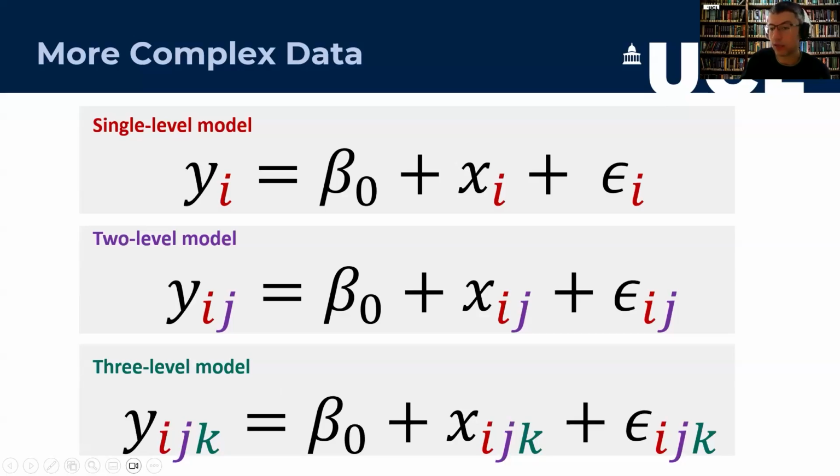So we will look at just one example in Stata today on how to deal with more than two levels, and also how to calculate, for instance, the ICC when you have three-level models.